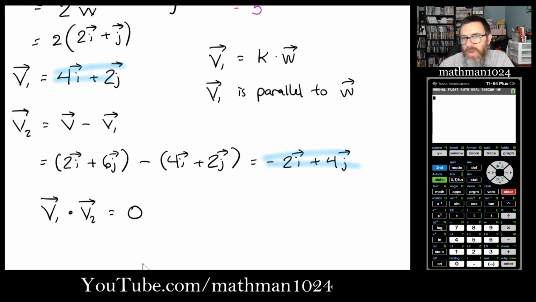They are orthogonal. One part is parallel to this vector that we're trying to project onto. The other part is going to be perpendicular to it. So it's a nice way sometimes of rewriting our vector in comparison to another already established vector.